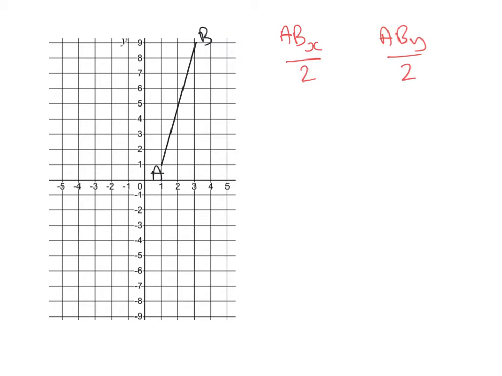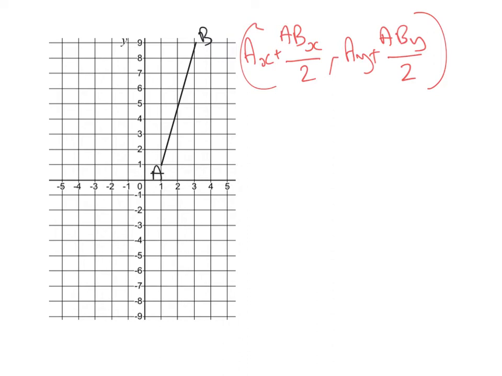And then we added it to the start point, which is A. So we added halfway along AX, and then we did the same for the Y. We worked out what halfway along AB's Y component is, and we added that to what the Y value for A is. Okay? And that's the formula.